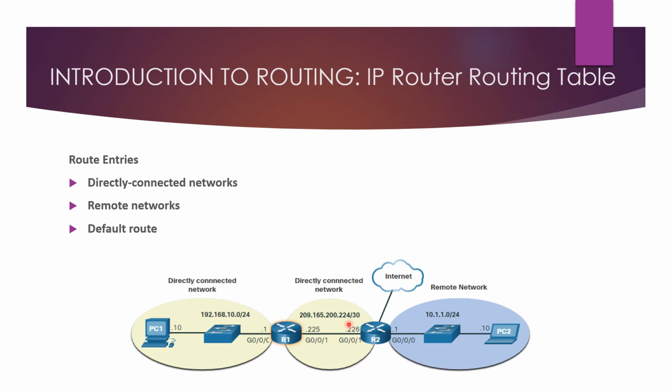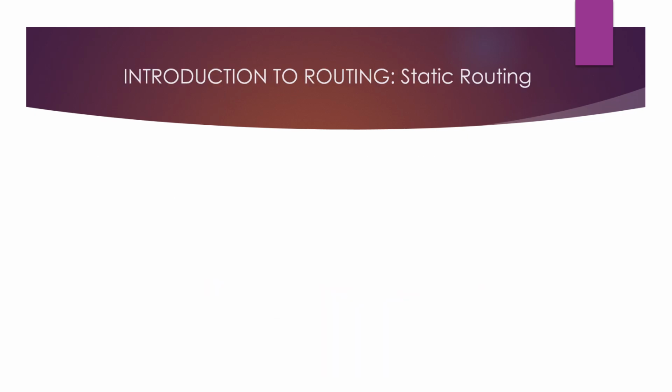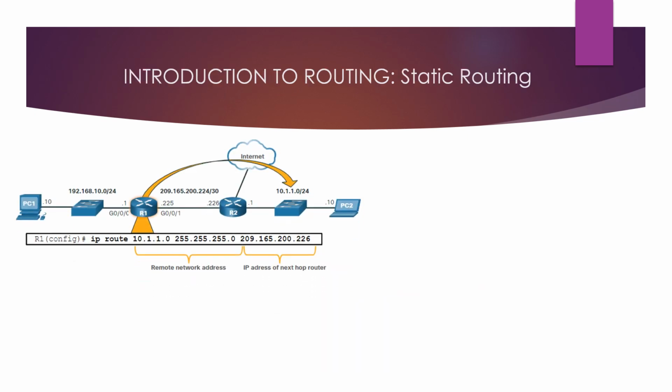A router can learn about remote networks in one of 2 ways. Manually, when the remote networks are manually entered into the route table using static routes, and dynamically, when they are automatically learned using a dynamic routing protocol. Static routes are route entries that are manually configured, and the figure shows an example of a static route that was manually configured on router 1.